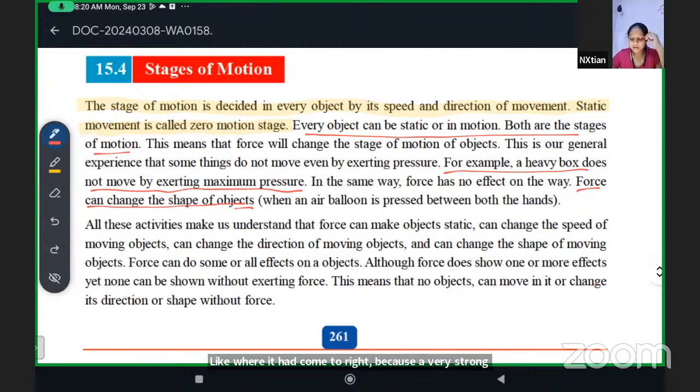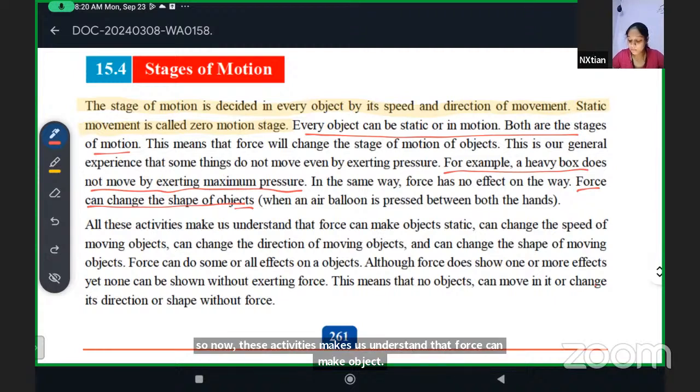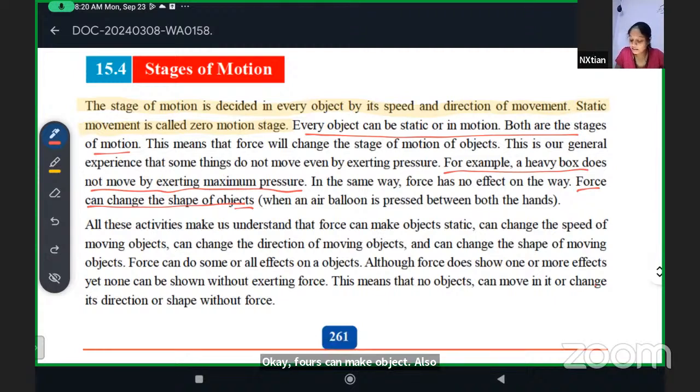So these activities make us understand that force can make objects static, can change the speed of moving objects, can change the direction of moving objects, and can change the shape of objects. This is all that force can do.